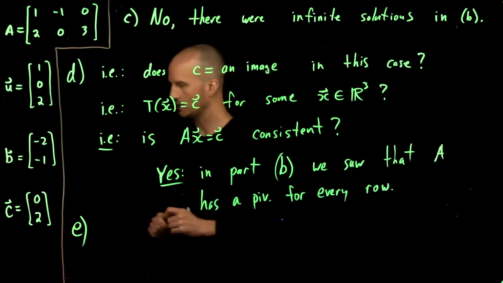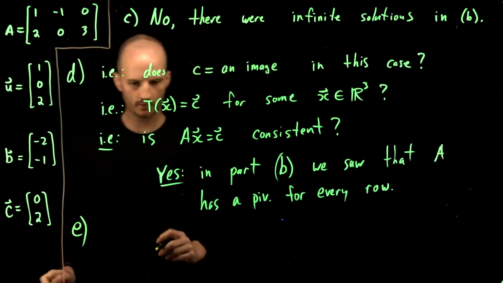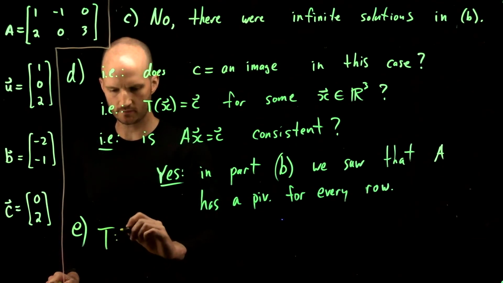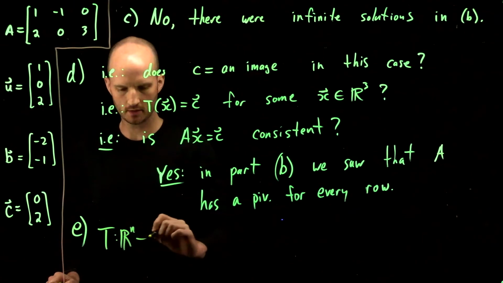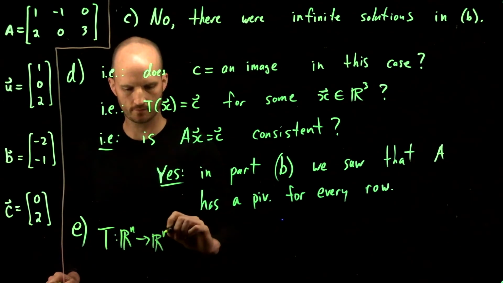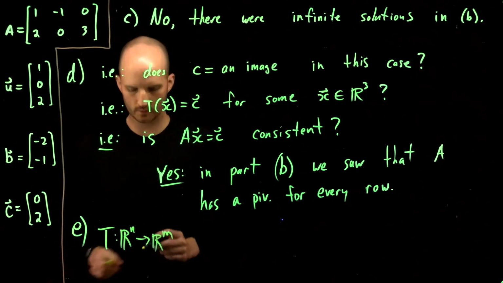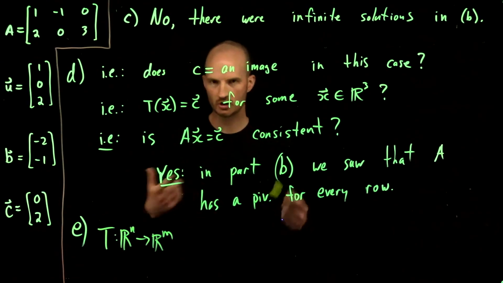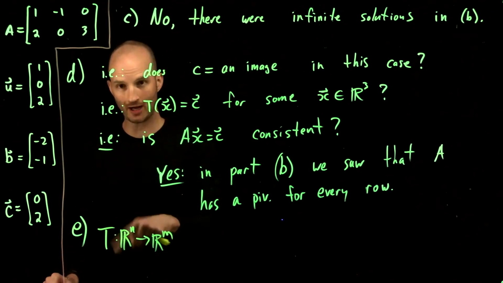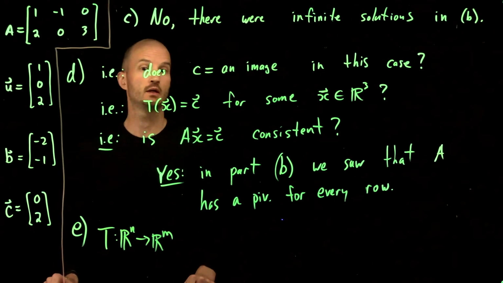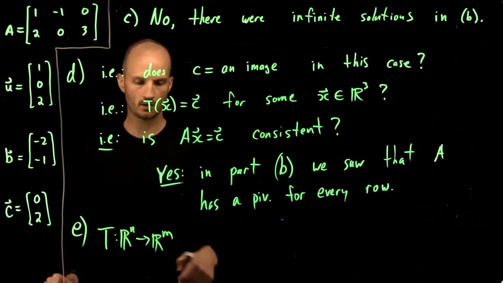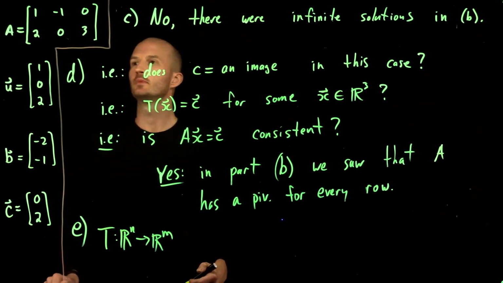Okay, part E. So we have this transformation T going from Rn to Rm. So what does that mean? It means that this is like a machine. It takes a vector from Rn and it spits out a vector from Rm.